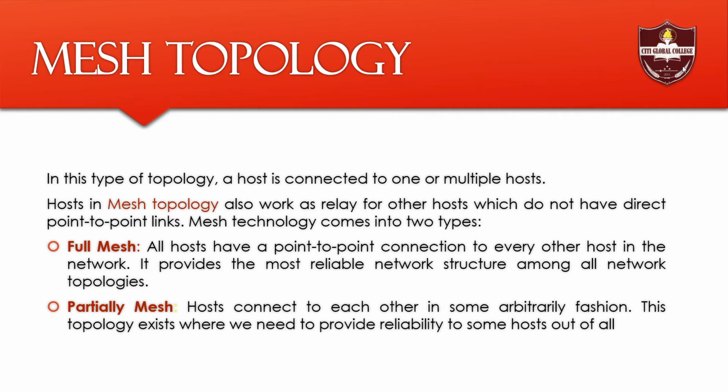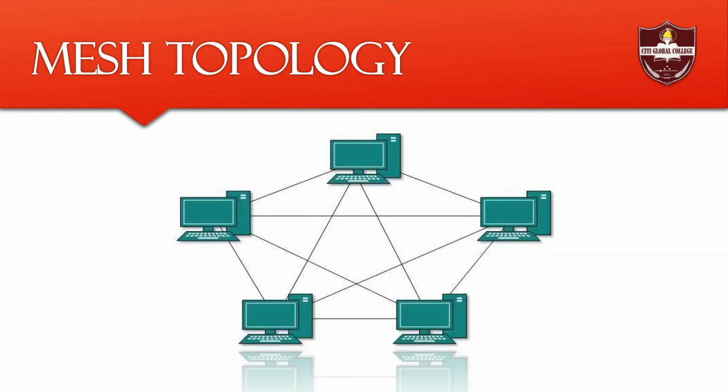It provides the most reliable network structure among all network topologies. And in partial mesh, not all hosts have a point-to-point connection to every other host. Hosts connect to each other in some arbitrary fashion. This topology exists where we need to provide reliability to some hosts out of all. This is an example of a mesh topology.